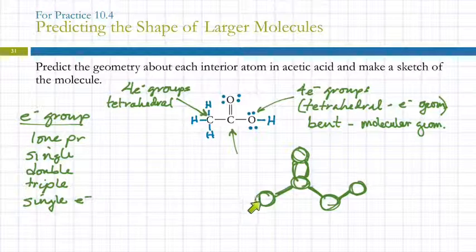And then when I get over to this carbon, that one's tetrahedral, so I have to go 3-dimensional on that one. So that's a sketch of the molecule.